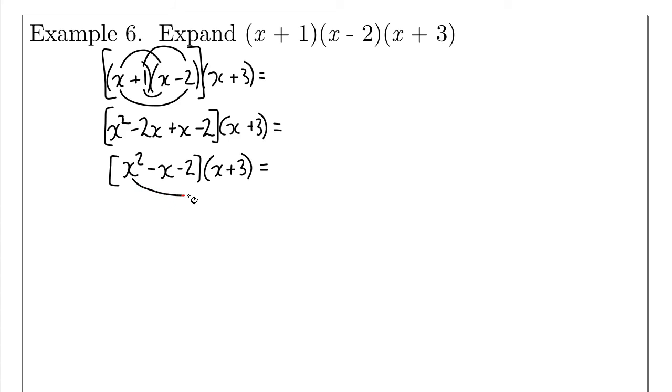Then I'm going to take x squared and multiply it by the bracket x plus 3. I'm going to take minus x and multiply it by x plus 3, and then the minus 2 multiplied by x plus 3.